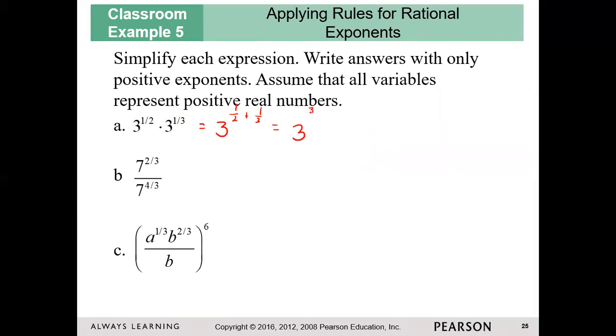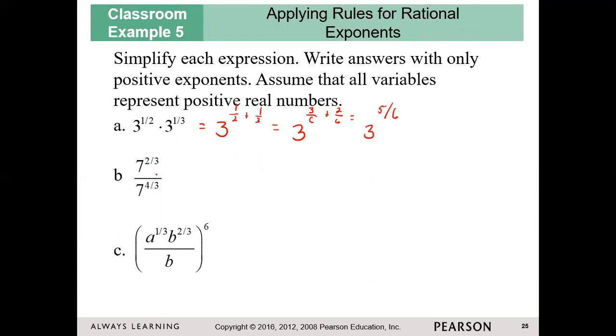So that should be 3/6 plus 2/6, which is going to give us 3 to the 5/6 power. So again, in theory, it's as easy as it was before. When you're multiplying like bases, you add the exponents. But the problem is, you have to have a common denominator in order to be able to add these fractions.